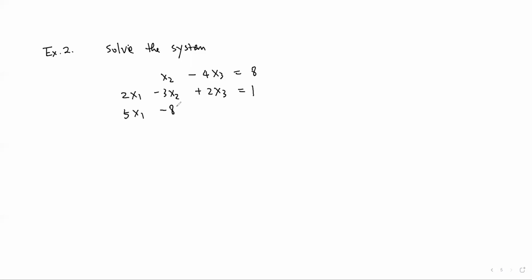Solve the linear system: x2 minus 4x3 is 8; 2x1 minus 3x2 plus 2x3 is 1; 5x1 minus 8x2 plus 7x3 is 1. Solve this linear system.